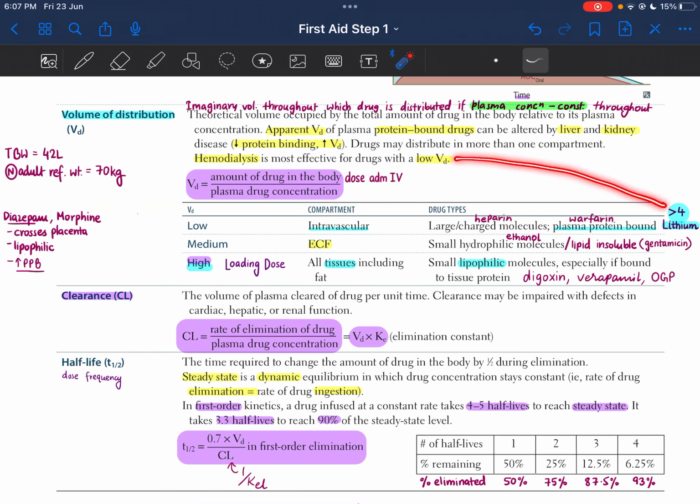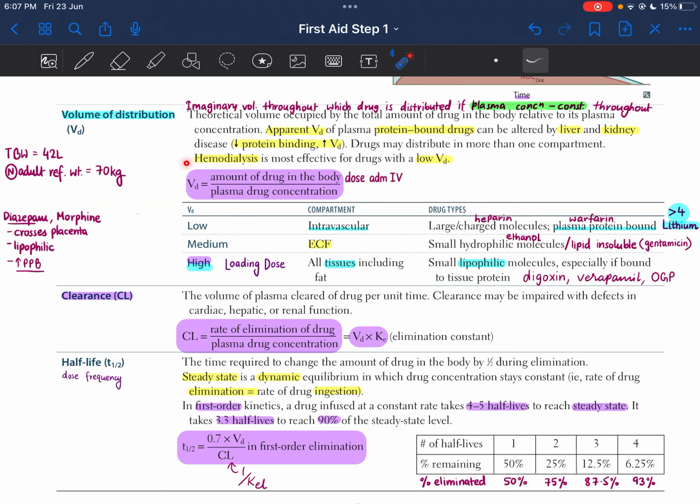Because here you'll have application of lithium. Again read it, hemodialysis is most effective for drugs that have a low VD. Low VD means low volume of distribution, which means it is not getting distributed throughout the body, it is staying in the intravascular compartment. So let's come to this table now.